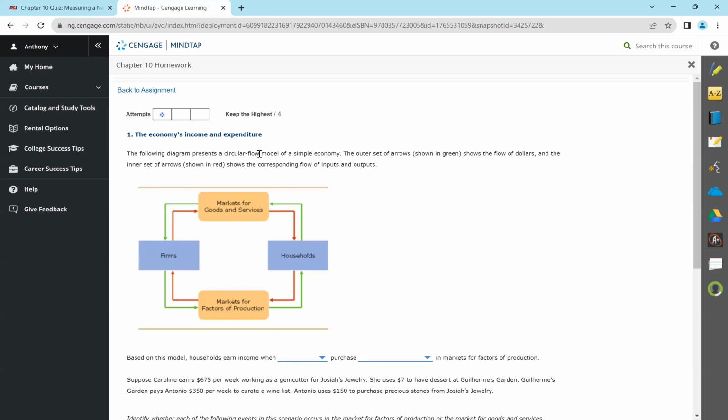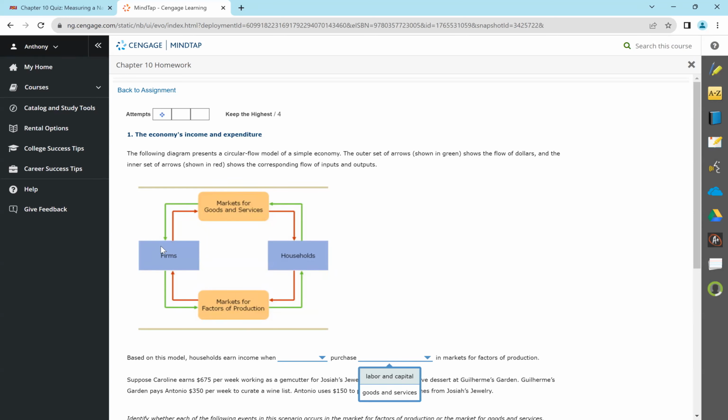Okay. All right. The following diagram presents a circular flow model of a simple economy. The outer sets of arrows in green show the flow of dollars, and the inner sets of arrows in red show the corresponding flow of inputs and outputs. Based on this model, households earn money. So green is the flow of dollars. So households get money when firms purchase blank in markets.